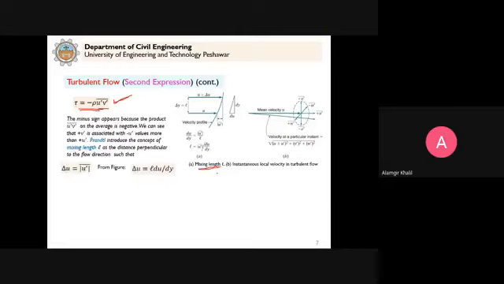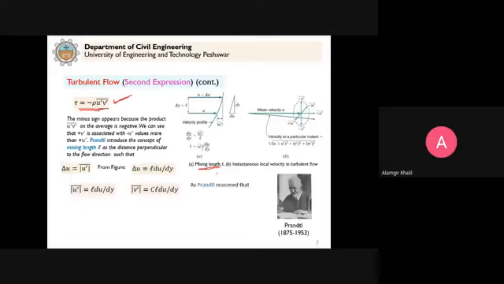And this idea of mixing length L was given by Prandtl. Prandtl gave the idea of this mixing length, and in some texts it is written as Prandtl mixing length theory. And in that mixing length theory, he stated what this mixing length L is.